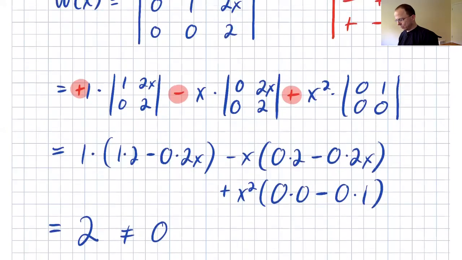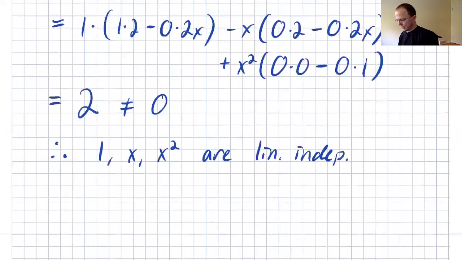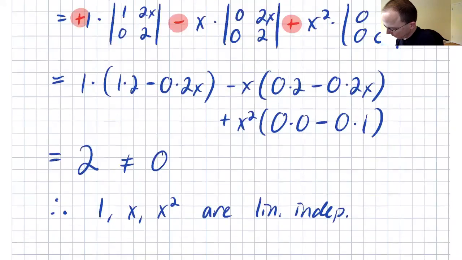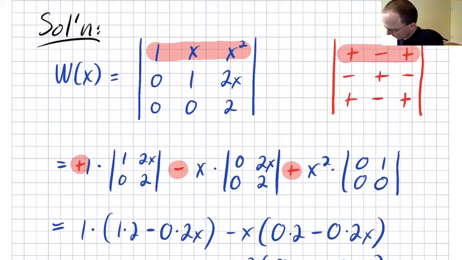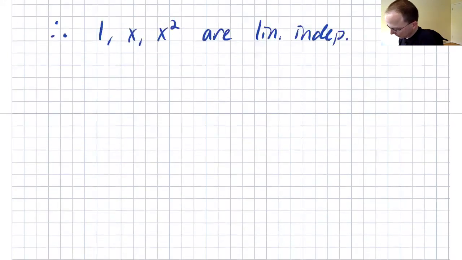So let's quickly go through that example again with this Wronskian, and I'll show you why it's nice to expand over a different row or column. Let me copy this, and we'll do this again.